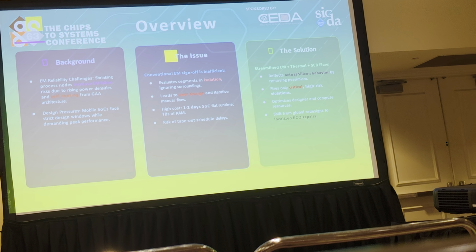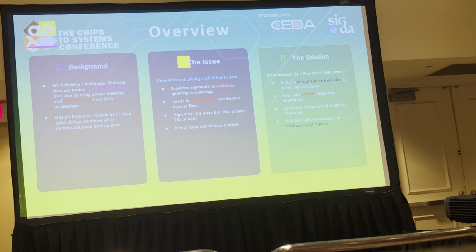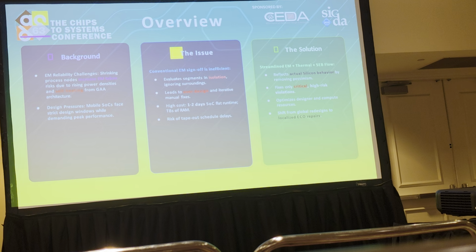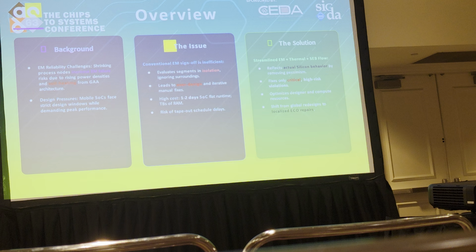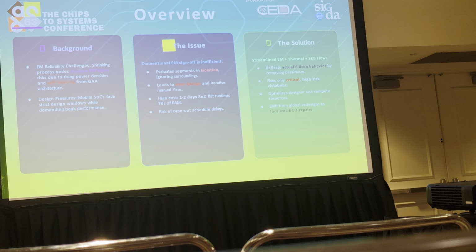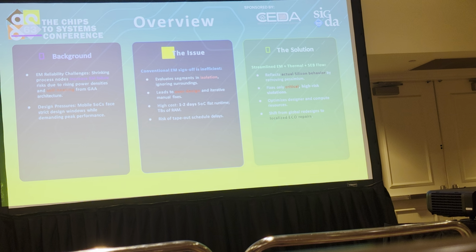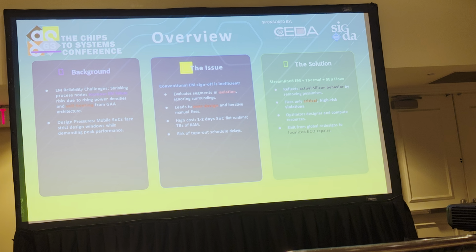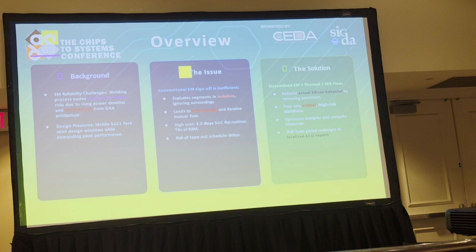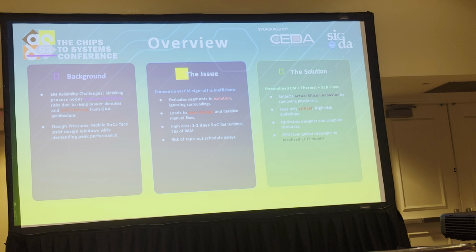So, to understand why we developed this new methodology, we must first look at the shifting landscape of mobile SoCs. As we transition to the lower tech nodes, the adoption of gate-all-around or nanosheet architectures has introduced massive reliability hurdles like EM, compared to other tech nodes like FinFETs, 7 nanometer, etc. As we pack more transistors closer together, the power density increases and the self-heating also increases, causing EM-related failures.